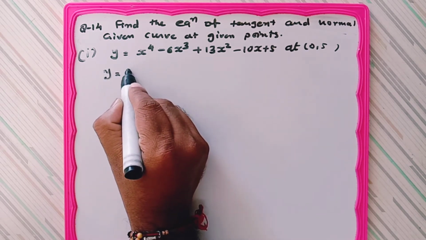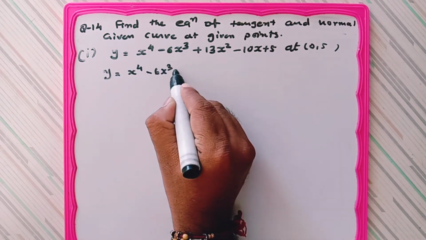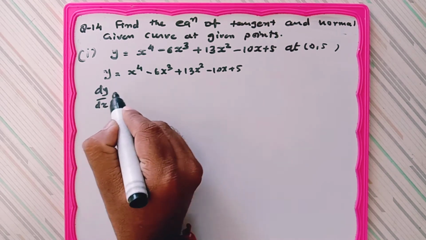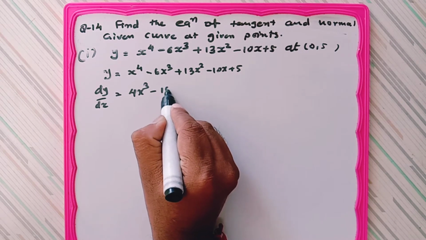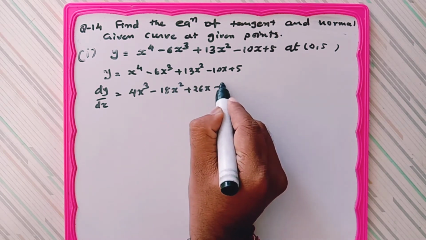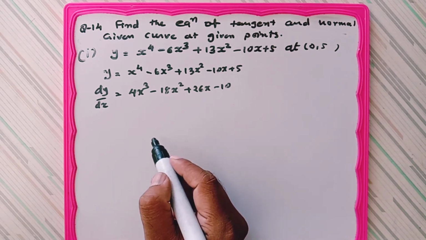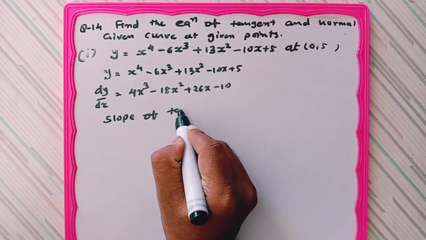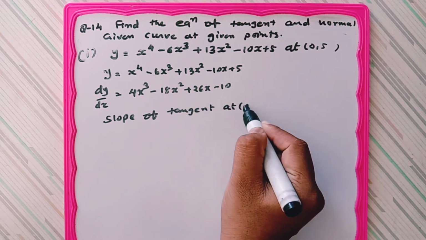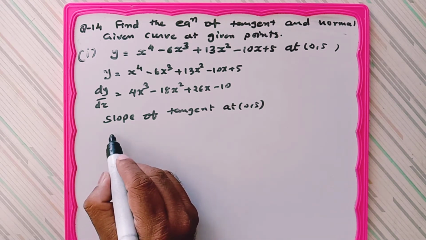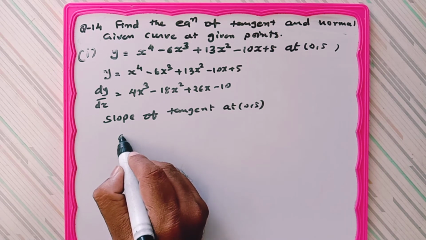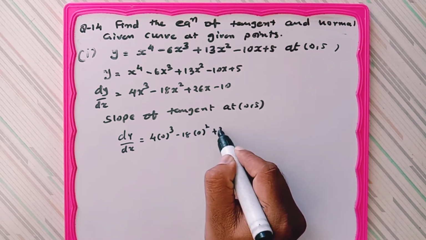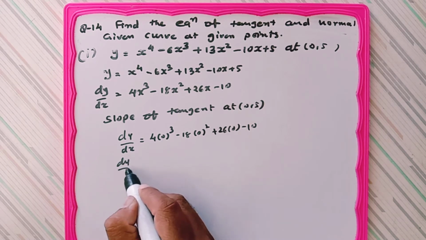So differentiation with respect to x is 4x cube minus 18x square plus 26x minus 10, and so the slope of the tangent at (0, 5) will be, putting x equals 0, dy by dx equals 4 into 0 cube minus 18 into 0 square plus 26 into 0 minus 10. So dy by dx equals minus 10.